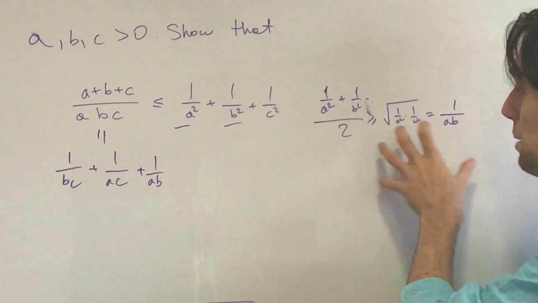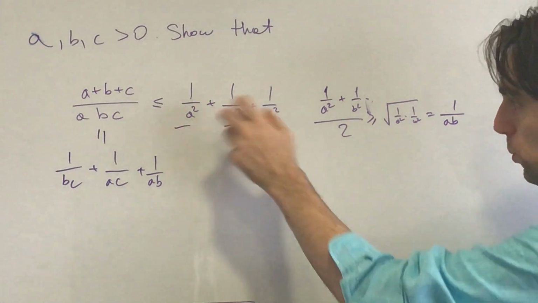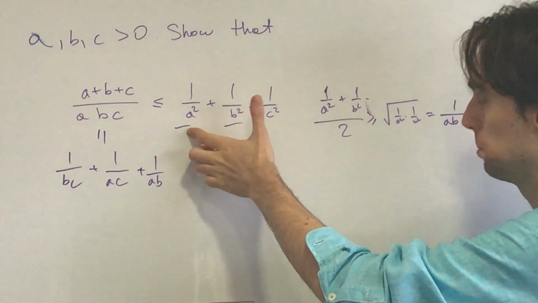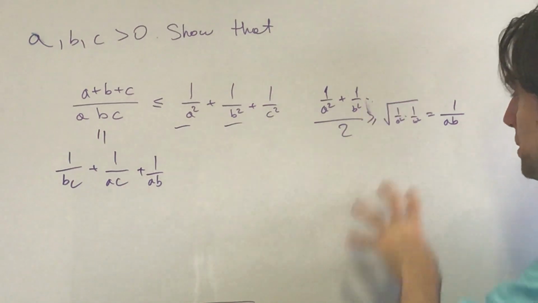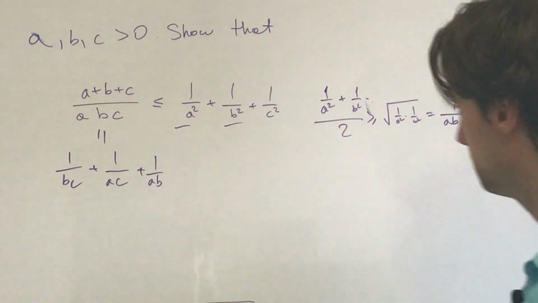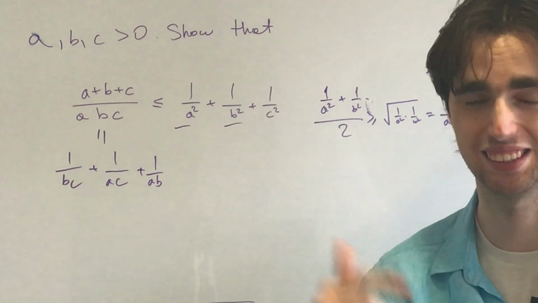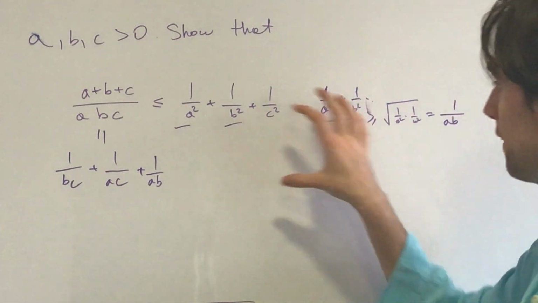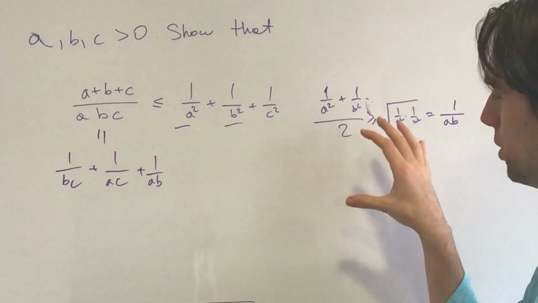We can apply the same thing with b squared plus c squared, and a squared plus c squared. Inequalities you can sum up if they're of the same sign, so we sum up these inequalities and we're done. So that is one way of doing this.